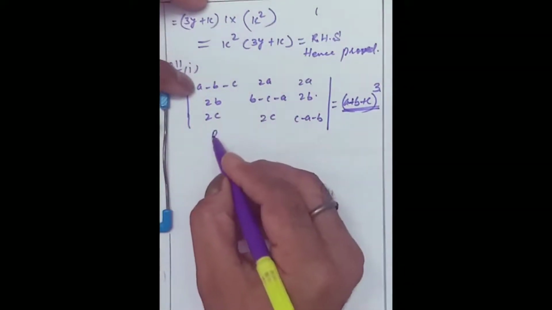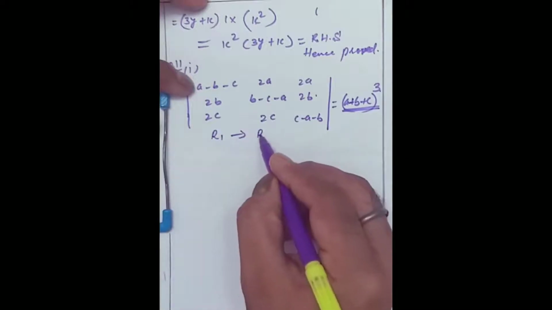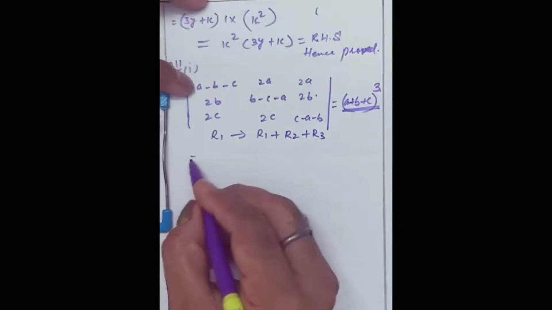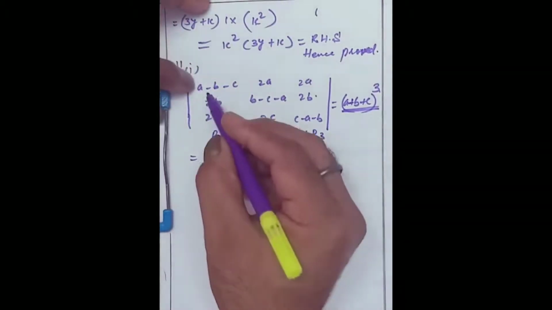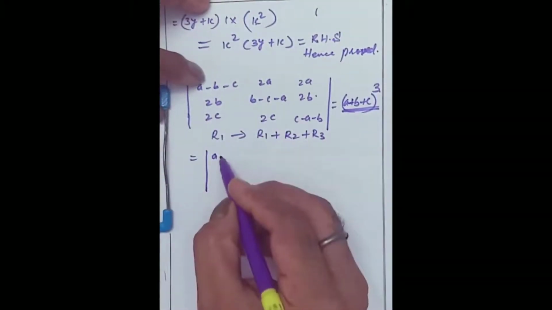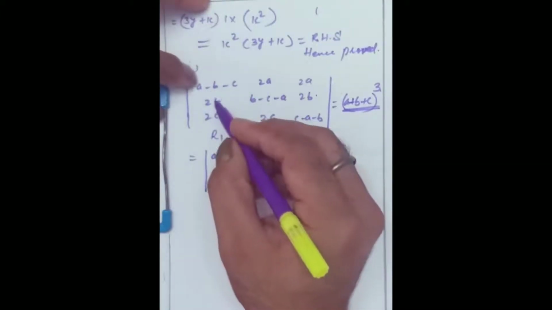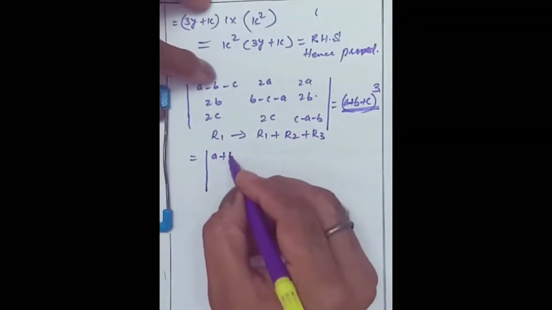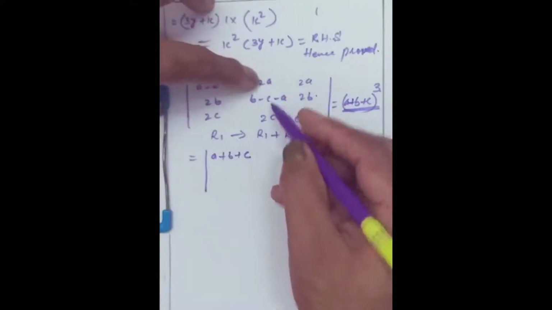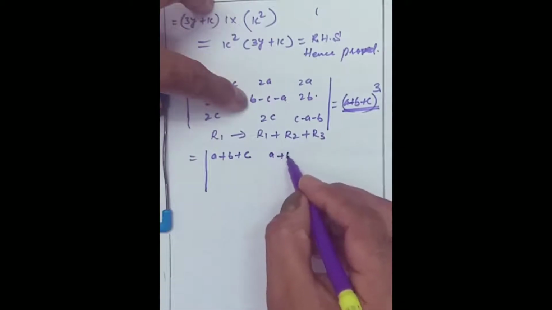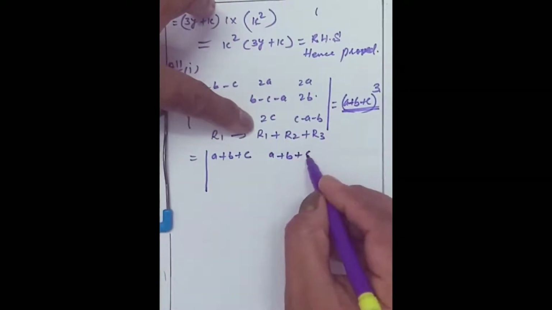So the operation we are going to apply is R1 changes with the help of R1 plus R2 plus R3. Let us see what happens. A, and now plus this, we have added this plus this, so minus b plus 2b plus b and plus c. Similarly here also, 2a minus a, and then plus b, and then minus c plus 2c plus c.